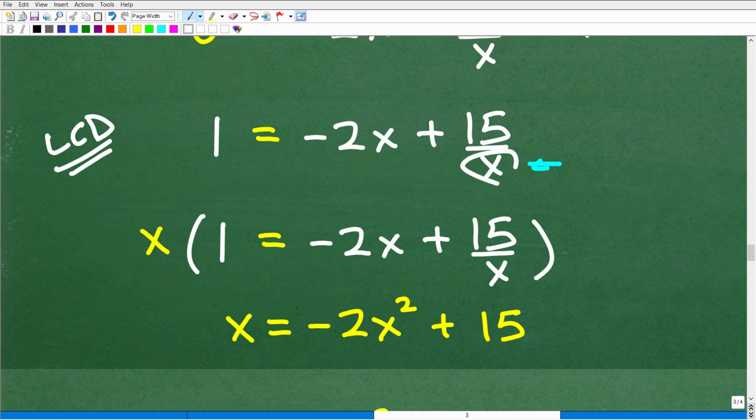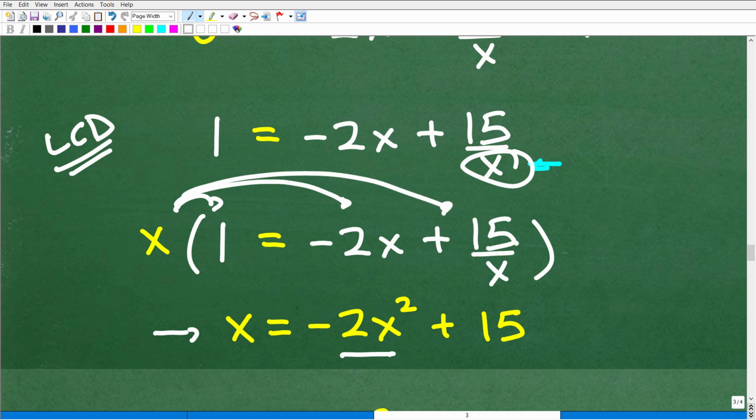In this case, it's x. So we multiply the entire equation by x, and it will clear the fraction. So let's do that now. This is going to be x times 1, which gives me x. X times minus 2x gives me a minus 2x squared. X times 15 over x, the x's cancel. That gives me 15. So at this point, we have a lovely quadratic equation.